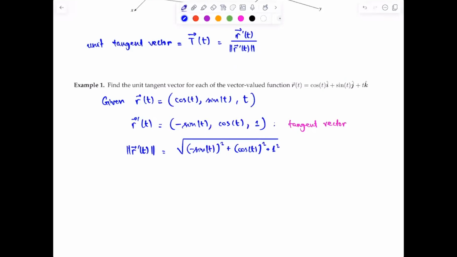Right, so under the square root is sine squared of t plus cosine squared of t plus 1. But sine squared of t plus cosine squared of t is equal to 1. So you get the magnitude of the tangent vector to be root 2. Any questions on this calculation?